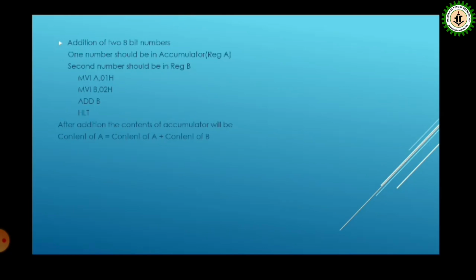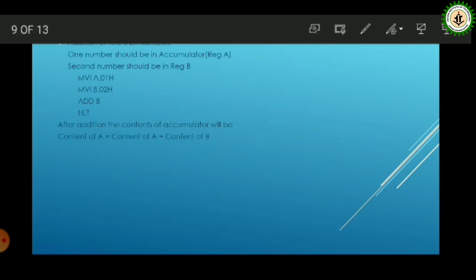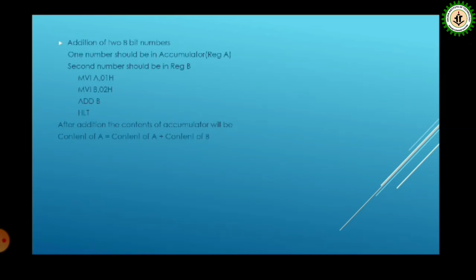So MVI A 01H. I want to add two numbers, a very simple program. I want to add the two numbers 01H and 02H, and store the final result into the accumulator.